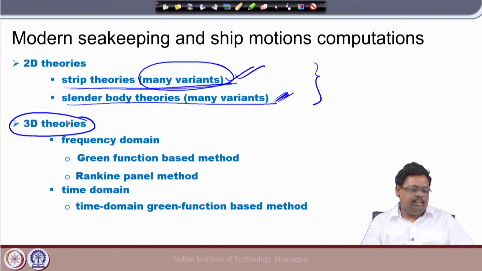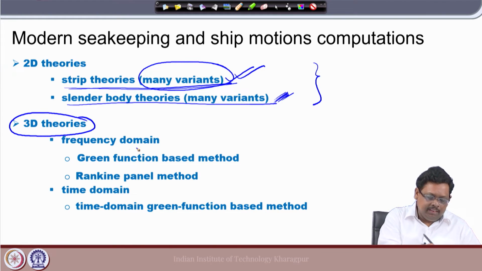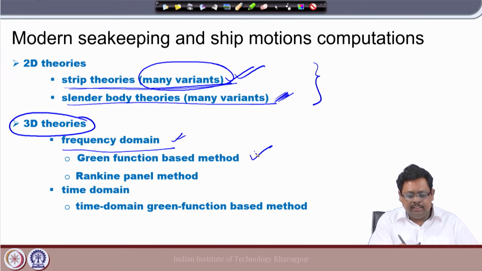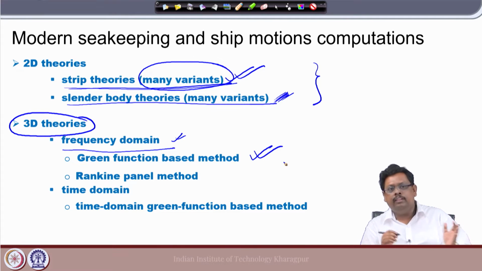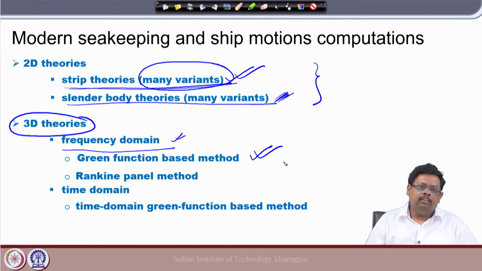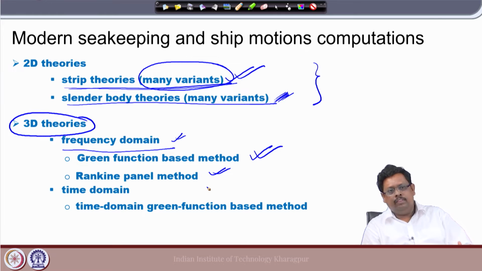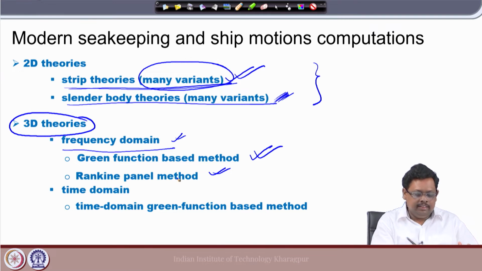Now, if I consider the three dimensional theory with a frequency domain solution, we can have the Green's function based method, like the frequency domain Green's function for forward speed, and also the Rankine panel method. As I discussed before, the Rankine panel method could be in frequency domain or also in time domain.